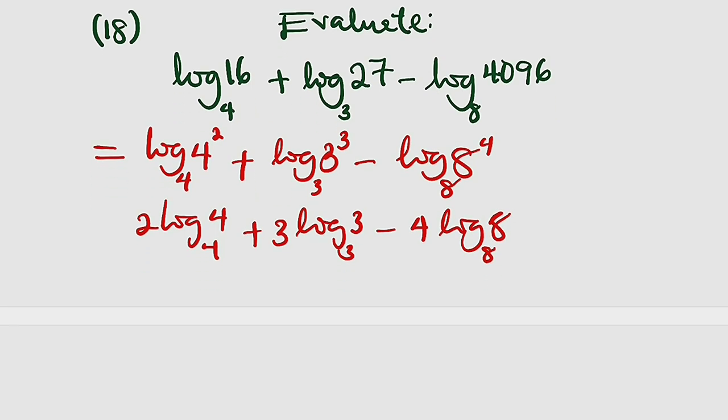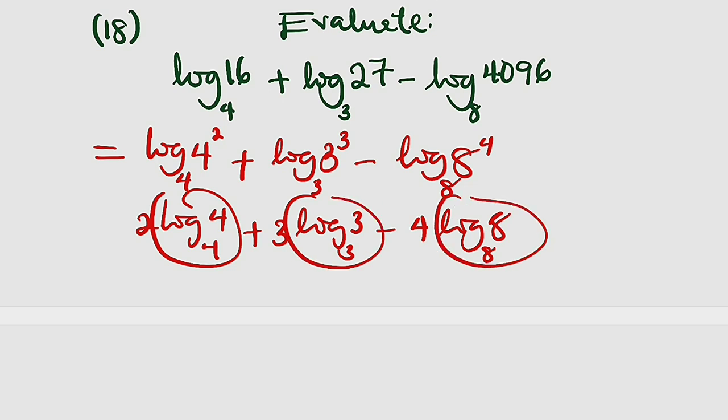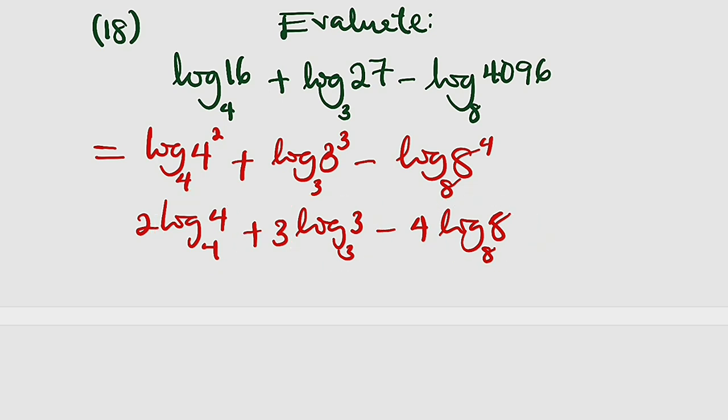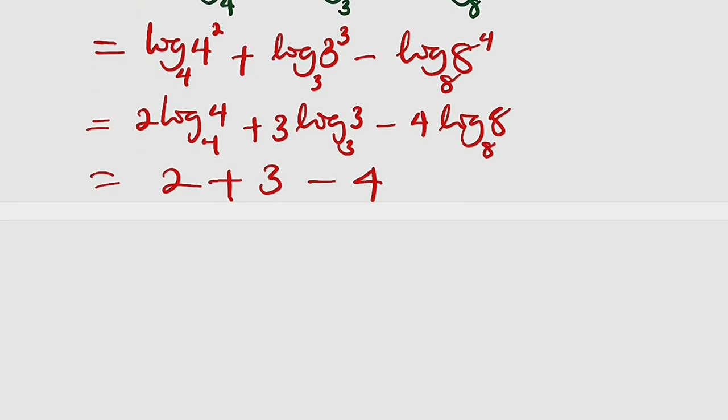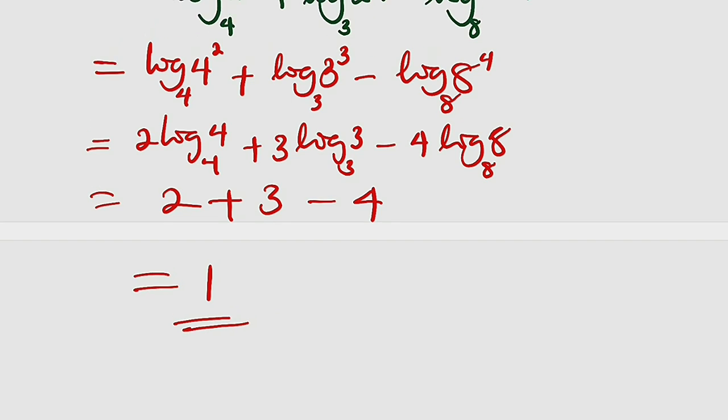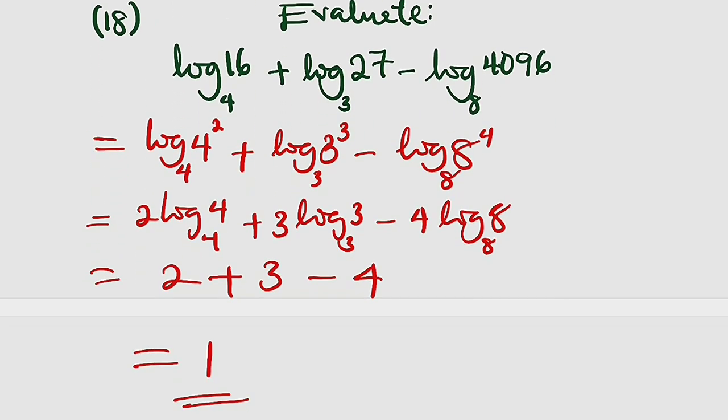And you should know that log of any number having the same base as its number will be equal to 1. So this is 1, this is 1, this is also equal to 1. So 1 multiplied by that coefficient will still be the coefficient. So we have 2 here, we have 3 here, and we have 4 here. All right, 2 plus 3 is 5, and 5 minus 4 is equal to 1. And hence the solution to this problem is equal to 1.